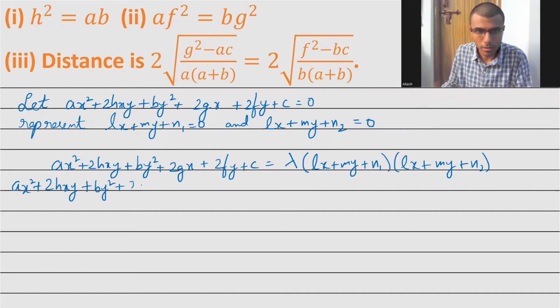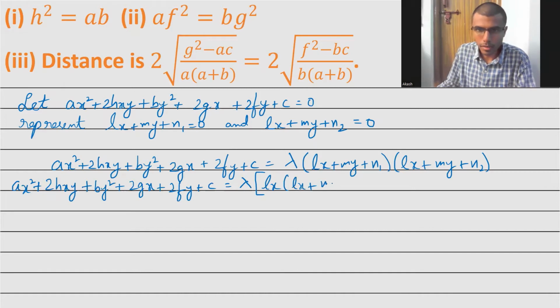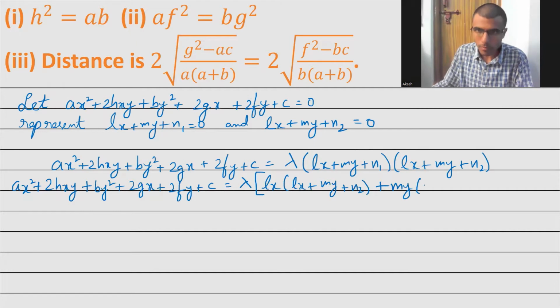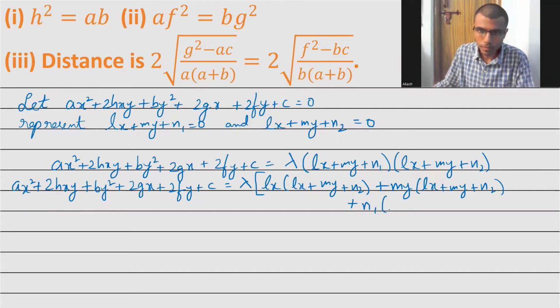Ax square plus 2hxy plus by square plus 2gx plus 2fy plus c is nothing but lambda times, now this first term into the second bracket, lx into Lx plus My plus N2, plus this second term into the second bracket, plus My into Lx plus My plus N2, and then plus this third term N1 into the second bracket, plus N1 into Lx plus My plus N2.